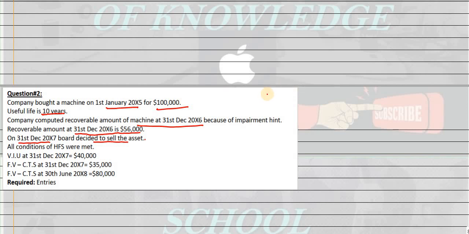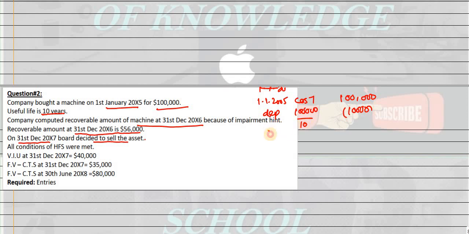So before we go there, we have to do depreciation. Now on 1st January 2005, the cost is $100,000. Clear? Now the depreciation for this year is 100,000 divided by 10 because of the useful life, so it will become 10,000.